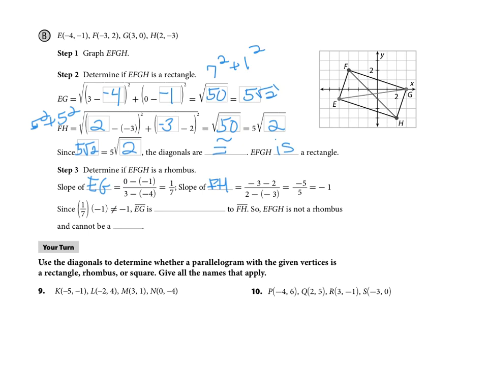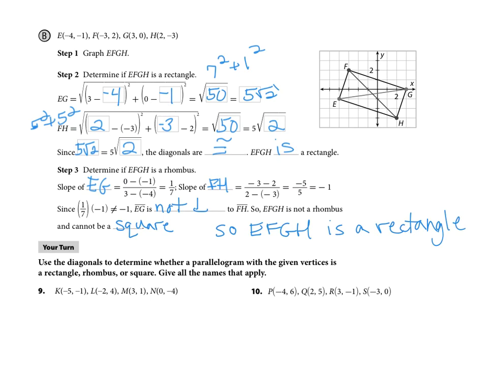So that means that those diagonals are not perpendicular. And so EFGH is not a rhombus, and also, remember, cannot therefore be a square. So the best name, the most specific name that we can come up with is that EFGH is a rectangle.